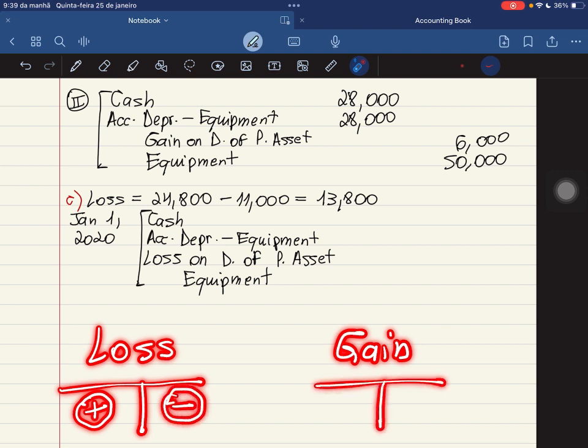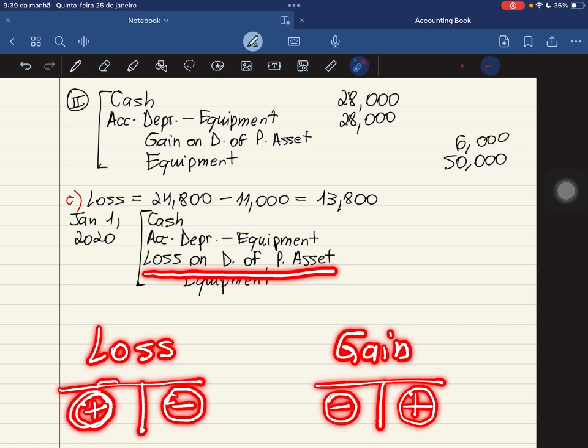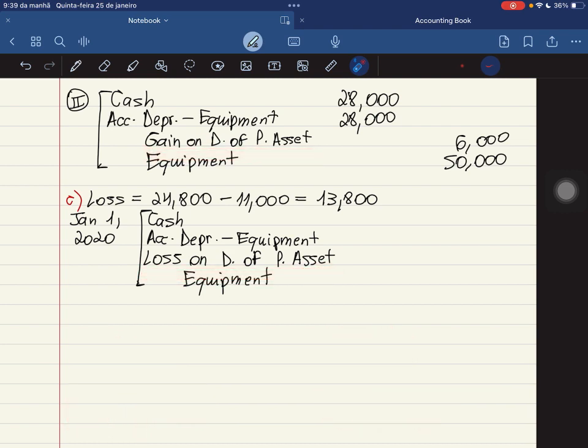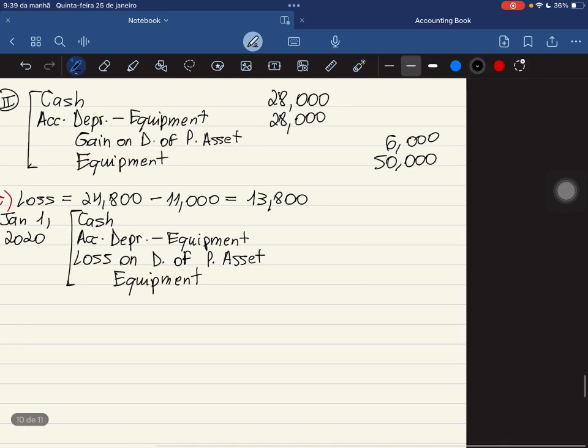For gain, it is the opposite. The decreases happen on the debit side and the increases happen on the credit side. So this position is basically like saying my loss is increasing because I am recording this loss, and over here my gain is increasing because I am recording a gain. This is the logic behind it. So just be careful with the signs.